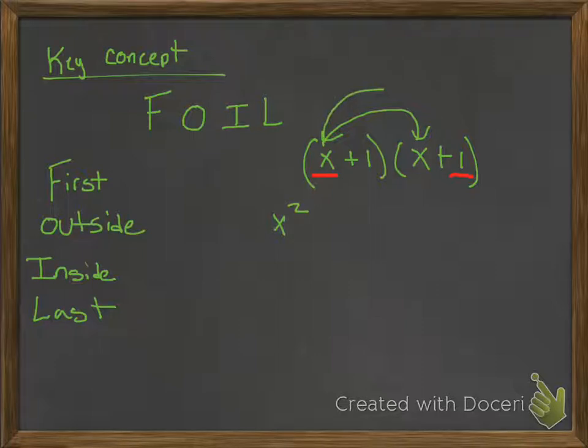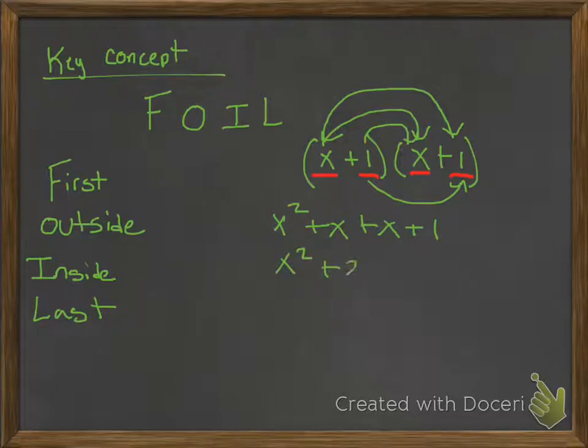So now I'm going to multiply my two outside terms, which is plus x. Now I'm going to multiply my two inside terms, plus another x. And then my last one is I'm going to multiply the two last terms, which is plus 1. So my final answer is x squared plus 2x plus 1.